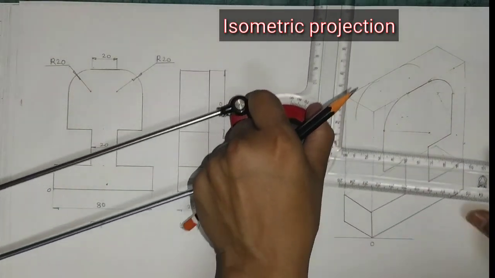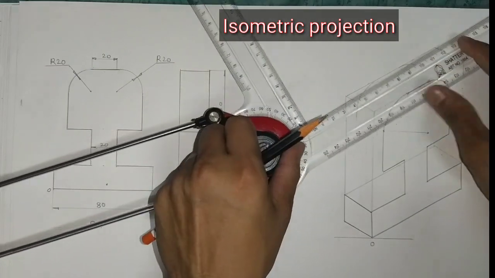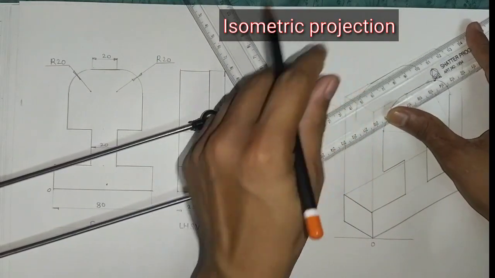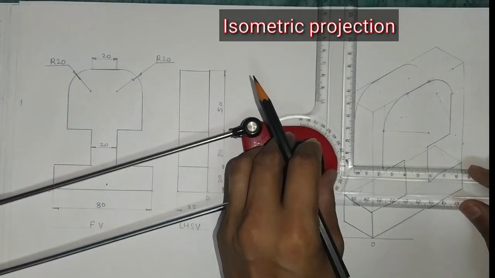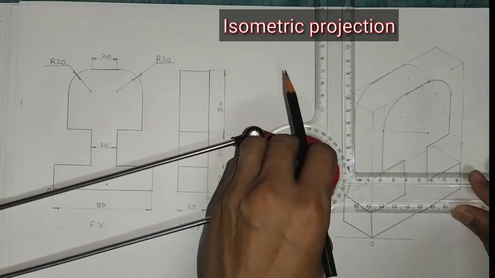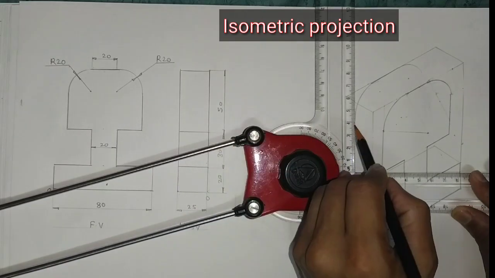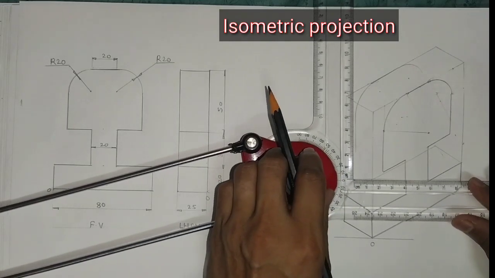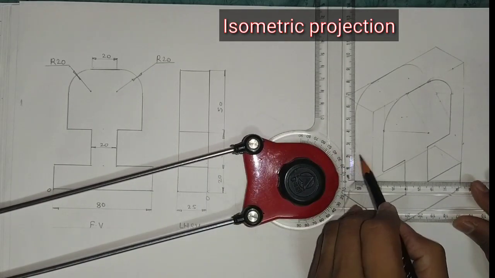Again from this point take height equal to 30 and join the lines.